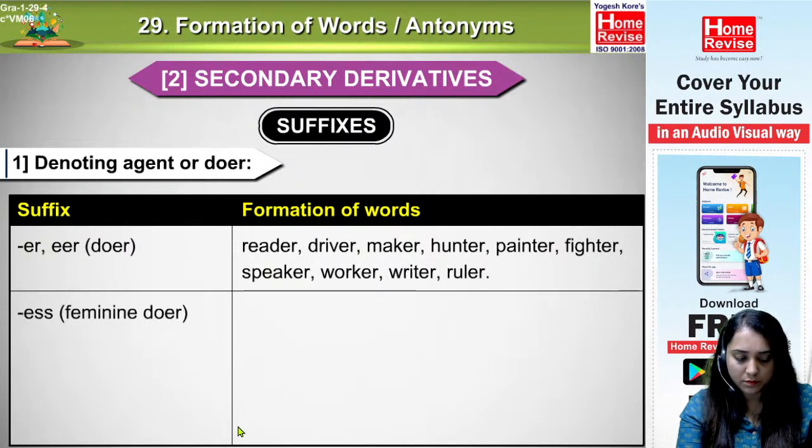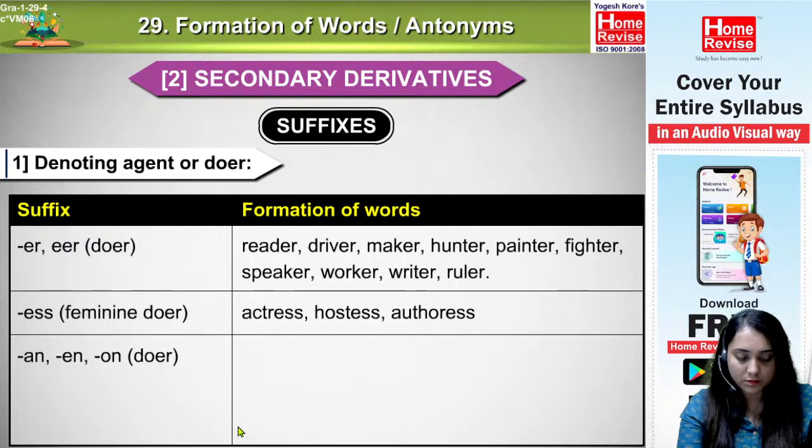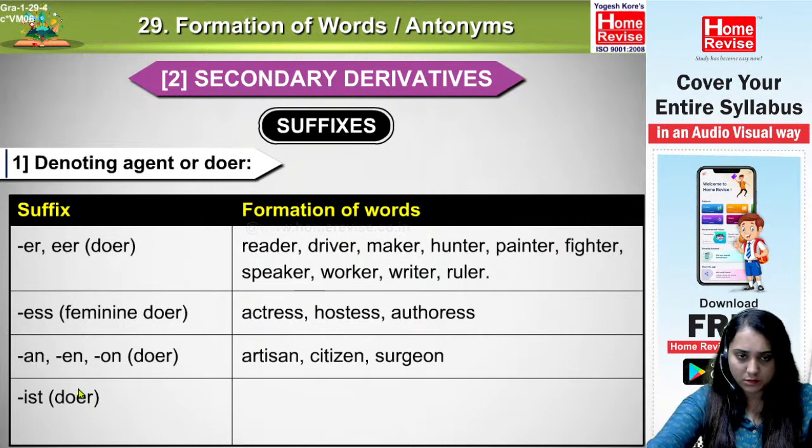ESS, the feminine doer. Actress, hostess, authoress. AN, EN, ON, denoting the doer. Artisan, citizen, surgeon. IST, denoting the doer.